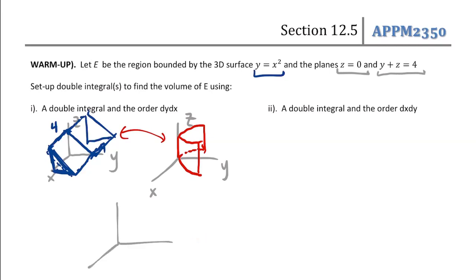So in the xy plane, it's easiest just to draw this y equals x squared trace. And then in the zy plane, we can draw this trace, 4 and 4. And then we're going to try to connect them.